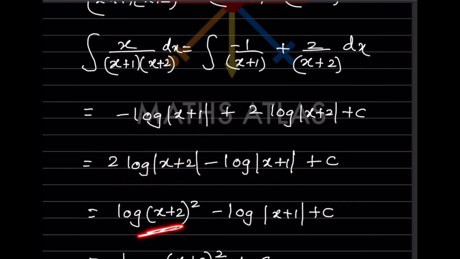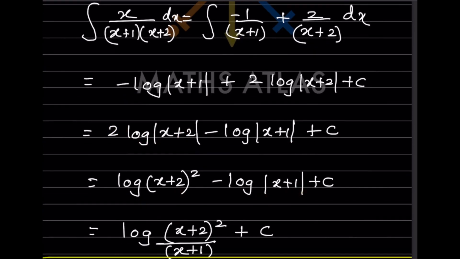And now you know this is log of this one minus log of that, which will be division. So log of (x plus 2) square divided by (x plus 1). Then, whenever we write integration, we always have to write plus c.